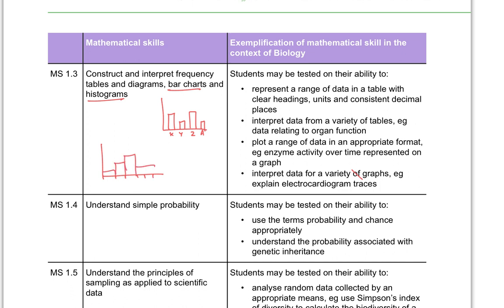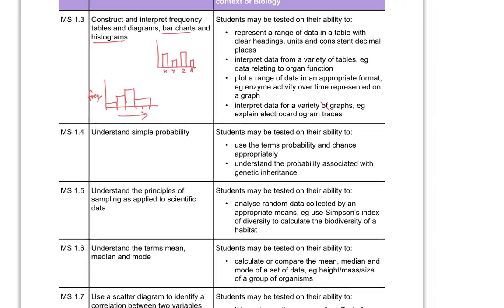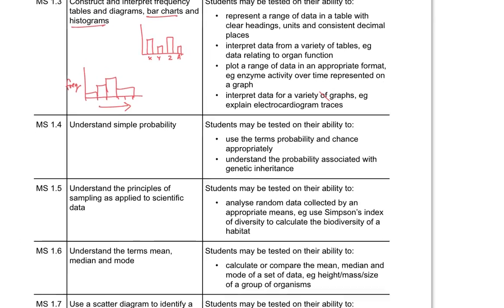They don't have to be the same width because it might be frequency density, but crucially it's a continuous scale. Often it can be frequency density. It's just scientists don't tend to use them because people don't understand frequency density. But if you're asked to draw them, make sure you've got gaps in your bar chart and not in your histogram.